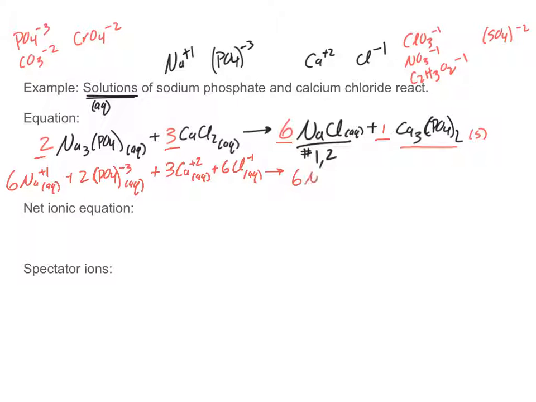So I have 6 Na+1, which is aqueous, and I have 6 Cl-1, which is aqueous. But then I'm going to see that I have a solid, and I usually underline my solids a couple of times so that I remember that I have to keep solids together because they actually did form a solid here in this particular reaction.